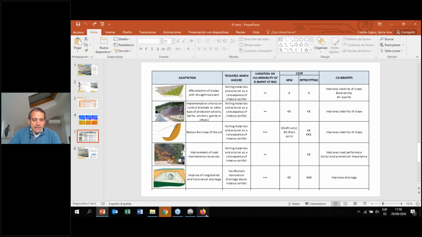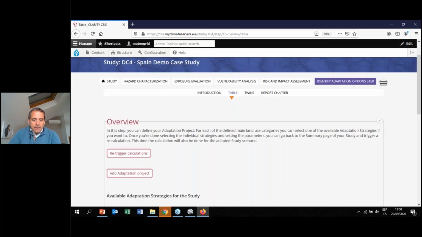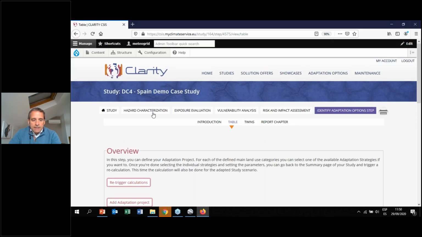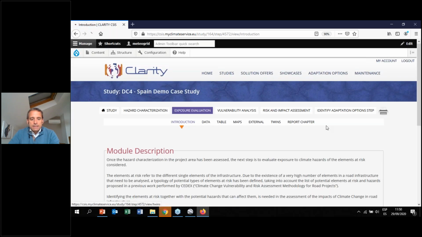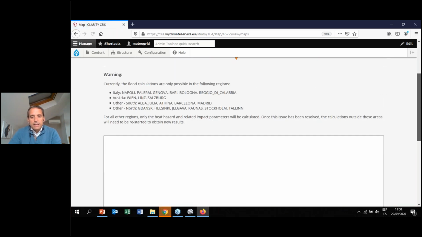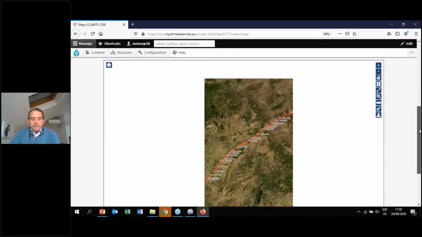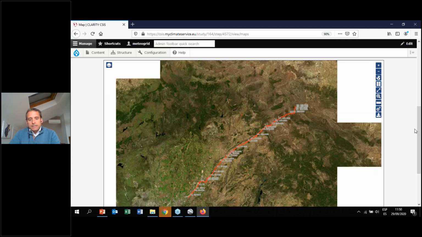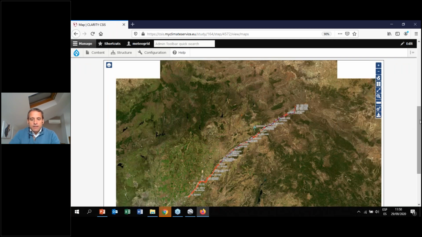Okay, and I think I made an approach to all these five steps of the system. I think that's all from my side. The system has the power to analyze different climate indexes along a specific highway track.